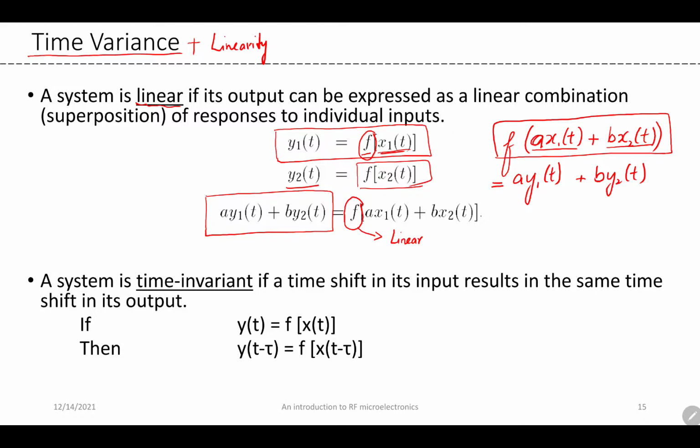Now, what is a time invariant system? A time invariant system is one in which a time shift in its input results in the same time shift in its output. So if you have output y(t) for a function f, and the argument is x(t), and then if t is shifted by an amount tau, and if y shifts by the same amount tau, then this function f, or this system f, whose system response is characterized by f, is a time invariant system.